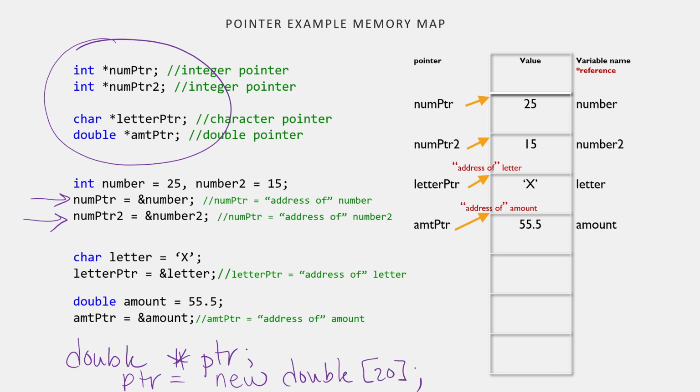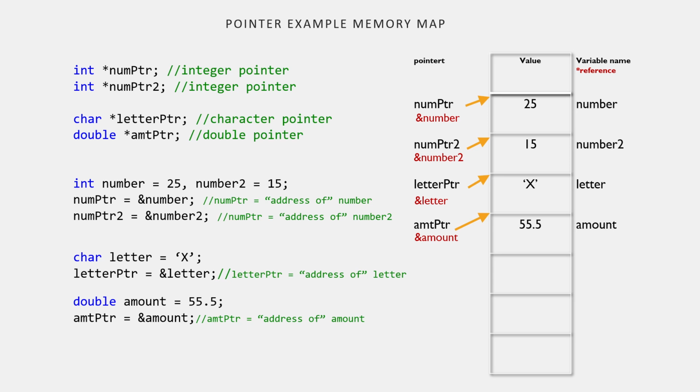When you first declare ptr here, ptr points nowhere. When you use the keyword new, then it's going to point here and you're going to get 20 doubles. So this would be ptr at index 0, ptr at index 1, etc.